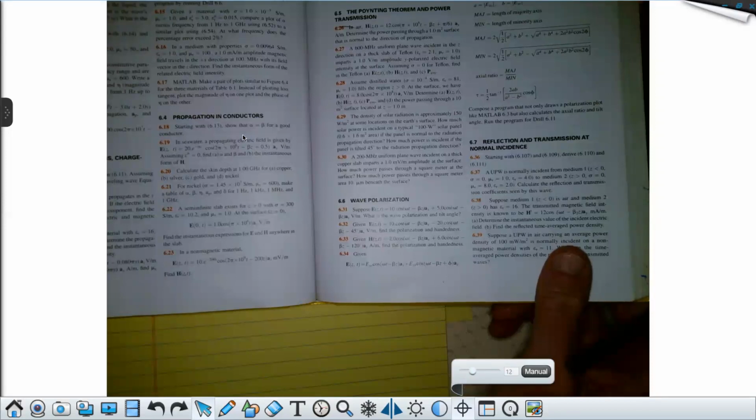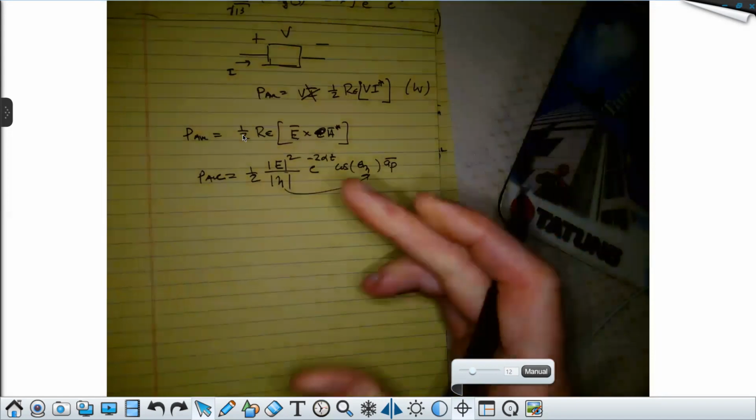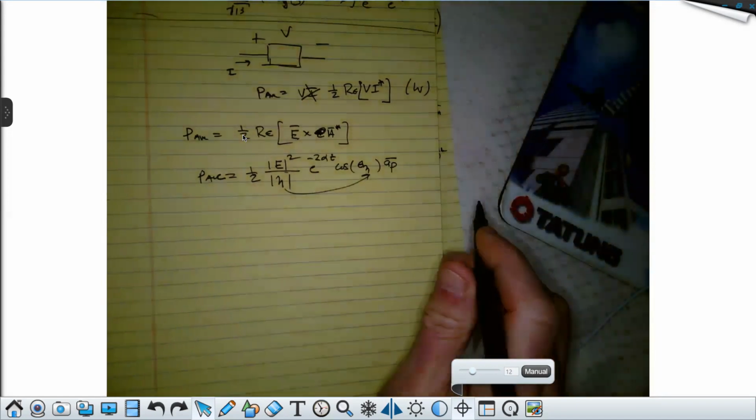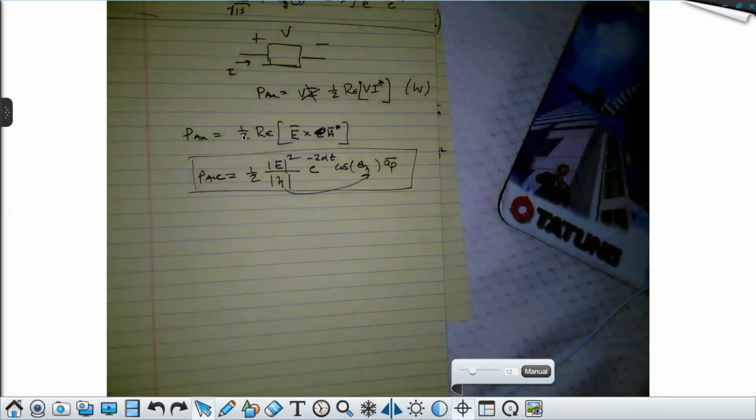And really at this point, I know we spent a lot of time on that one problem, but it was so valuable to do because it answers so many questions. This is in your book, and I'll give you the page number.